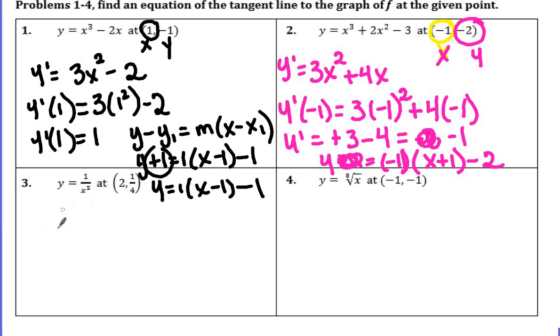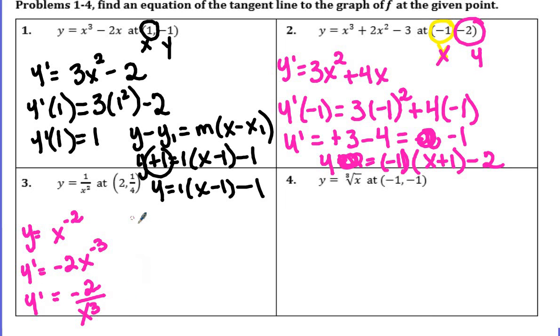Okay, on number 3, so I'm going to take the derivative, and again, I'm going to go ahead and just bring that up as an x to the -2. So y prime is going to be -2 x to the -3, which is really just -2 over x to the third.